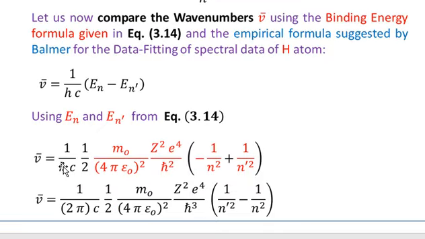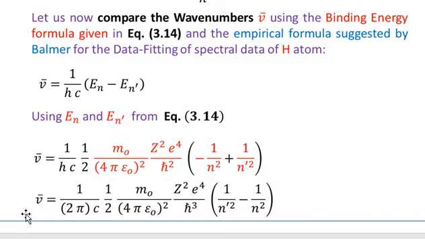You can get the value of nu bar is equal to 1 over hc times half times m naught over 4 pi epsilon naught raised to the power 2, multiplied by the factor which has Z squared e to the power 4 in the numerator and h bar squared in the denominator, and then multiplied by minus 1 over n squared plus 1 over n prime squared.